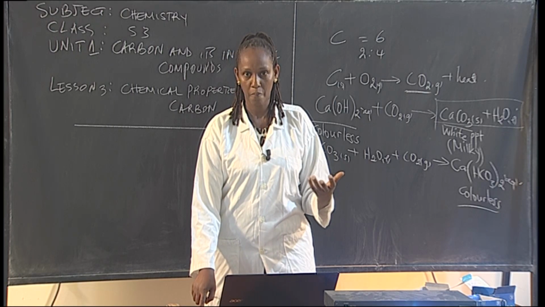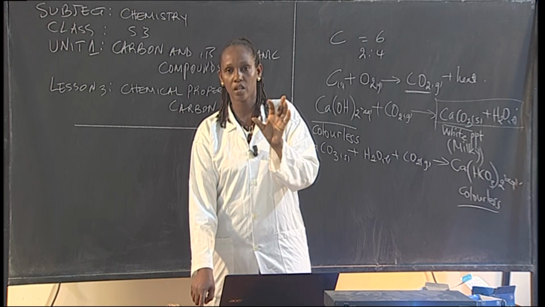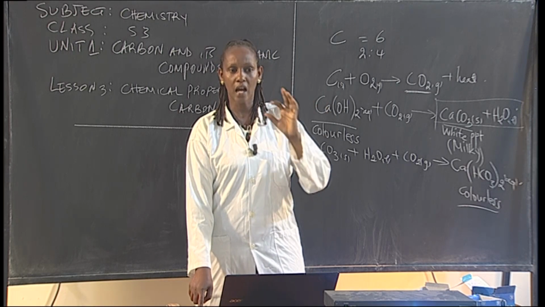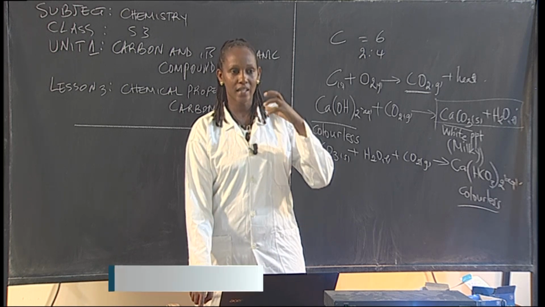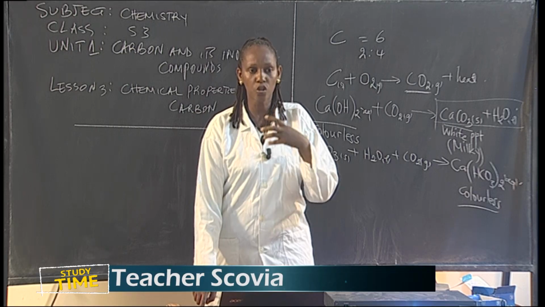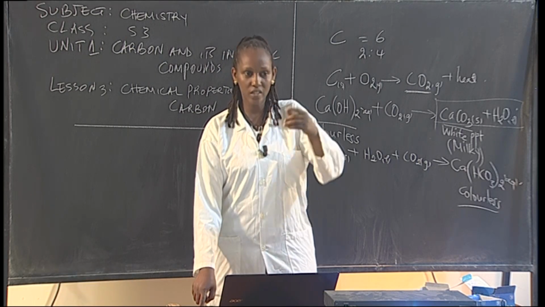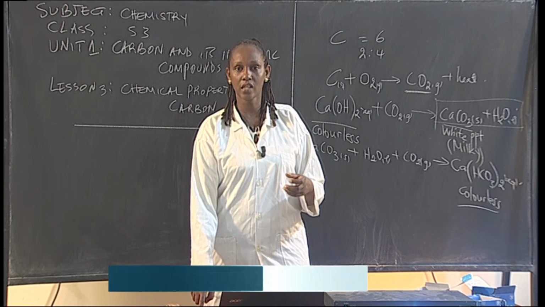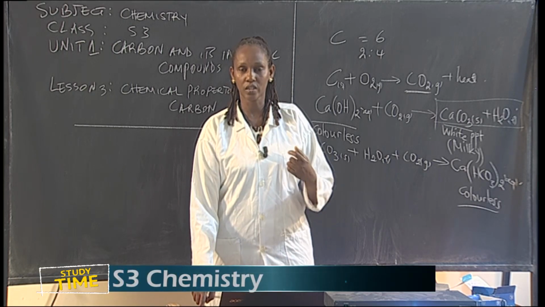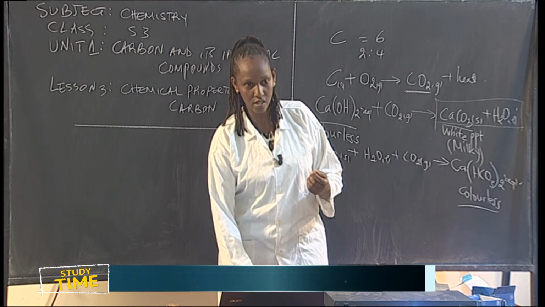What does it mean? It means that the carbon reduced the iron 3 oxide, and oxidized itself to carbon dioxide. The oxygen that was on iron 3 oxide was captured by carbon, that is oxidation, to form carbon dioxide, as you can see from the slide.